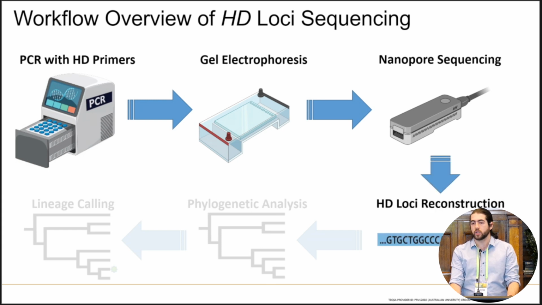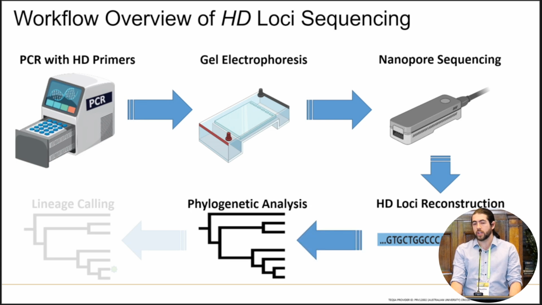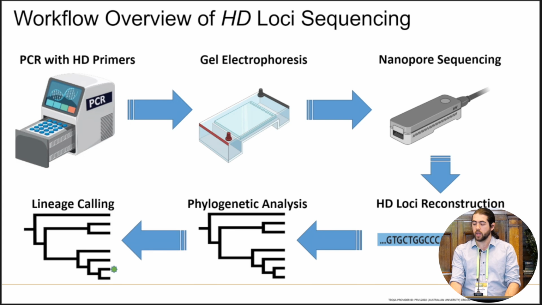Using these reads, we can then reconstruct the HD loci. Once we have the HD loci reconstructed, we're able to perform a phylogenetic study to compare to other isolates and create a gene tree. With this gene tree, we can diagnose whether this is a new isolate and infer its origin. So that's the workflow.